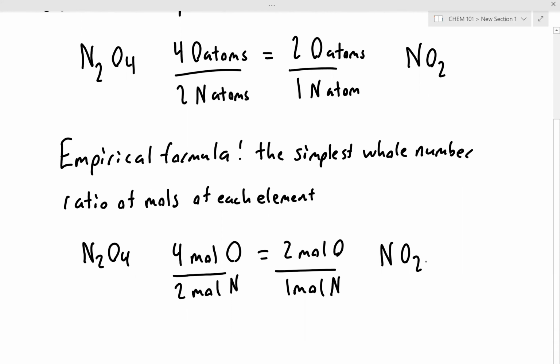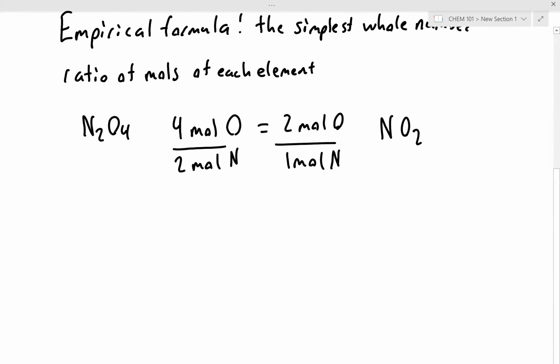Now that we have the idea of the empirical formula as a mole ratio, what we're going to be doing today is calculating the empirical formula of a range of different compounds by measuring the mass before and after a chemical change.